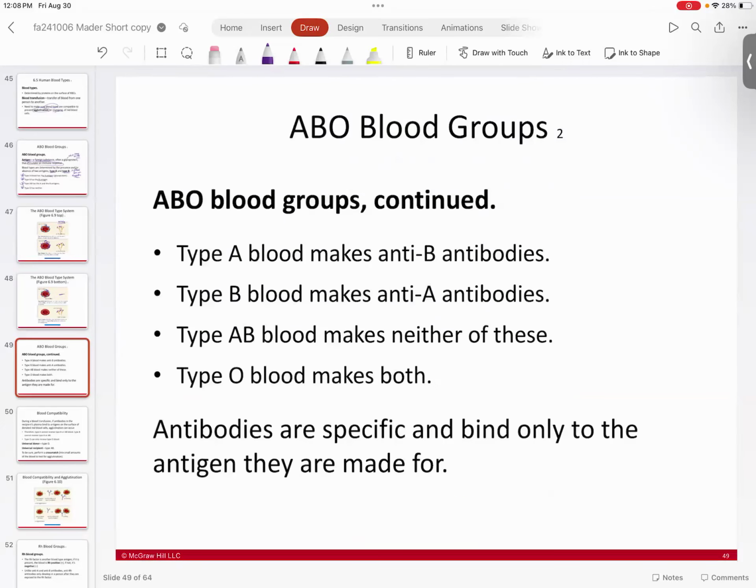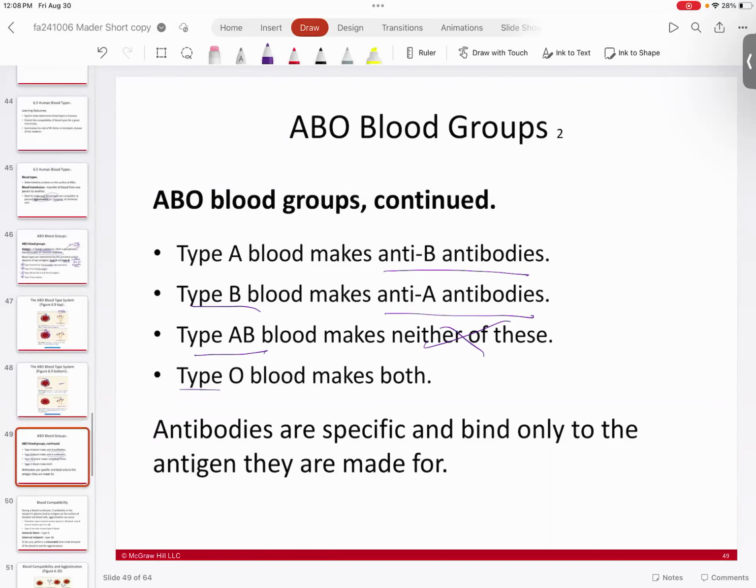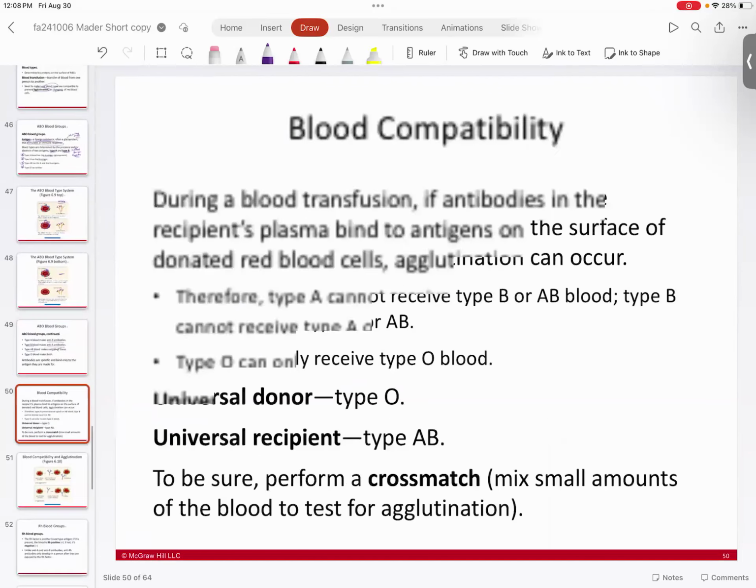So then when you're taking a look at blood typing, you have to make sure that your blood type matches. Why? Because ultimately, a type A person makes antibodies against B, and a B person makes antibodies against A, and an AB person makes none of these, and an O type makes both, then typically the antibodies are going to cross-react depending on who you transfuse with, right?